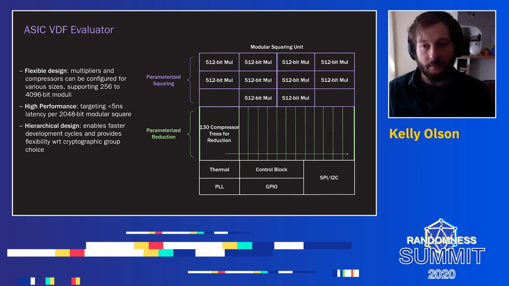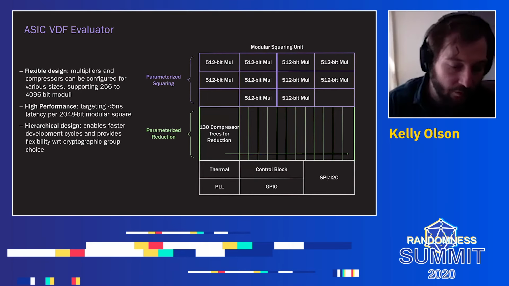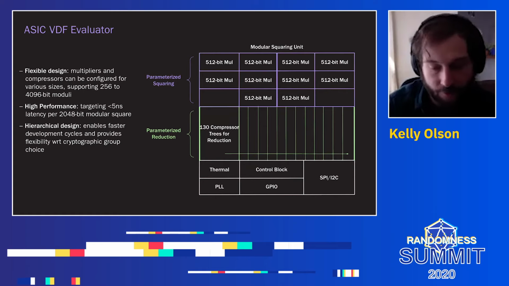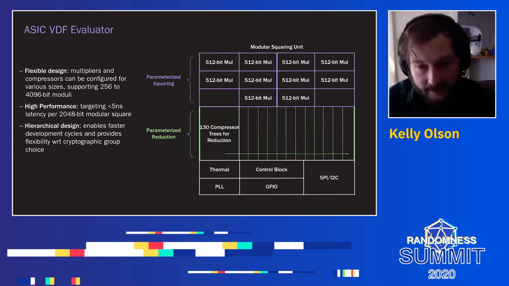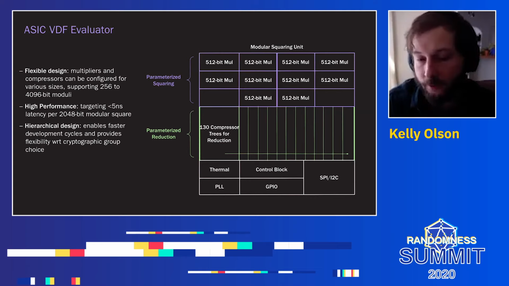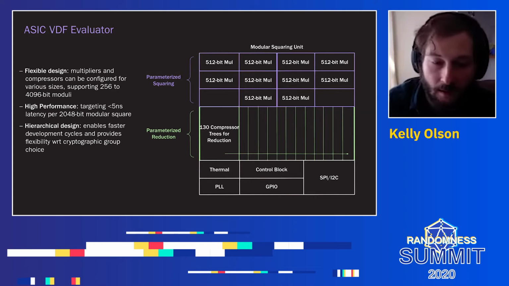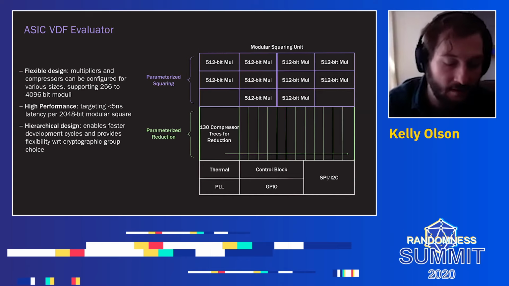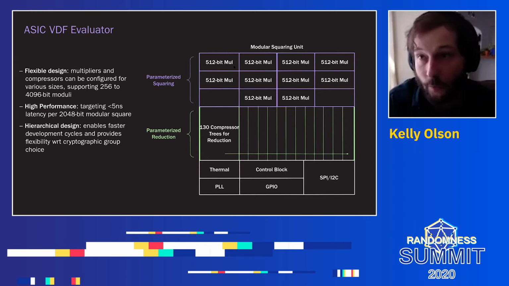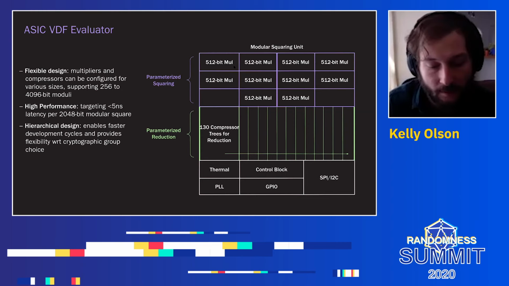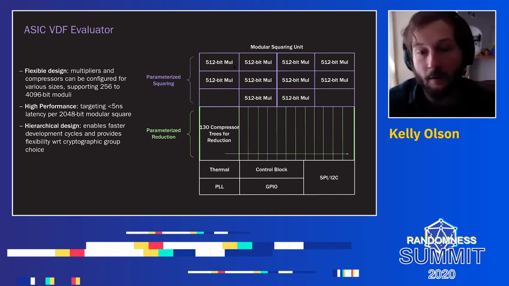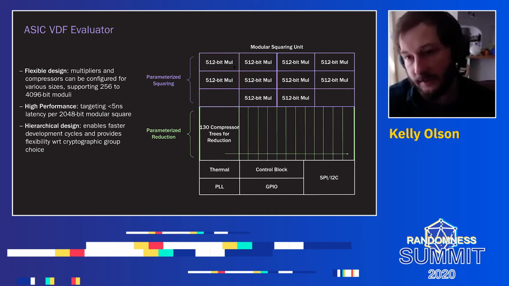To give you some context for exactly why this happens: when you do a VDF on a traditional CPU, like an iPhone or an Intel laptop, there's a fixed hardware configuration that you're working with. Most architectures today are 64-bit architectures, and they have 64-bit multipliers. What this means is that if you want to do a 2048-bit squaring, then you have to use these multiplication units dozens of times.